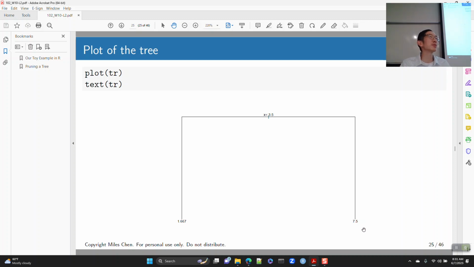So remember, for a regression tree, if you have two terminal nodes, you're only predicting two values. For this toy data set, it's kind of like you ask somebody how old are you?